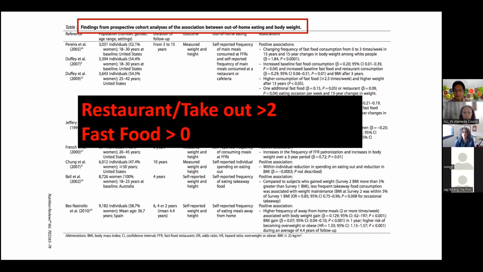So more than zero fast food meals per week, or more than two takeout or restaurant meals, is at least an indicator of being more at risk for having a poor diet, and certainly for a high BMI.